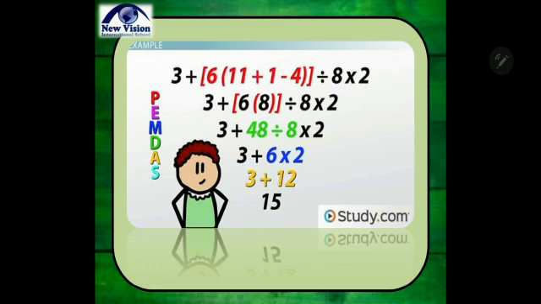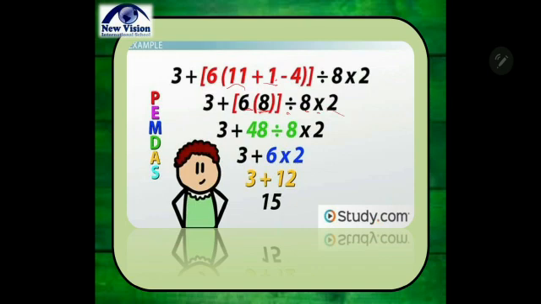So first, we will simplify what is inside the parentheses and the braces or brackets. So 11 plus 1 is 12, minus 4 is 8, times 6. So rewrite: 3 plus 6 times 8 divided by 8 times 2.